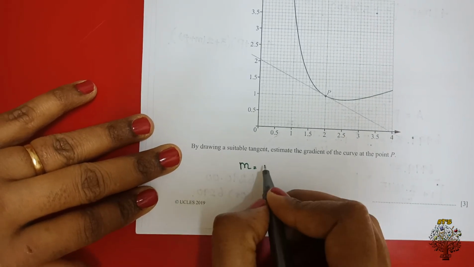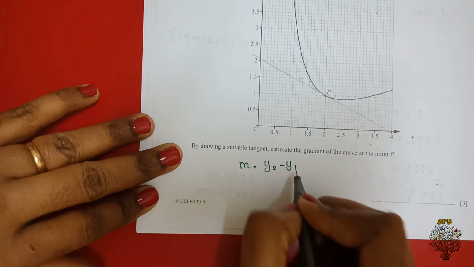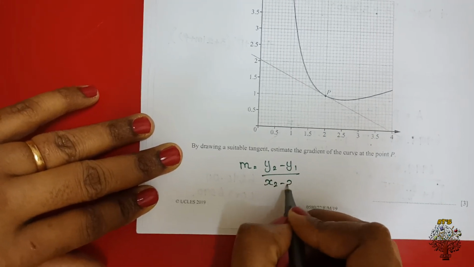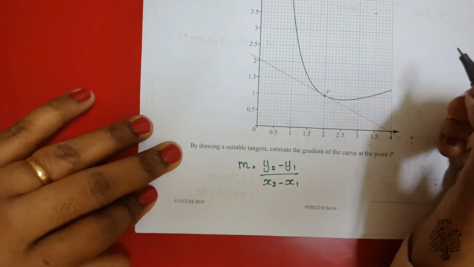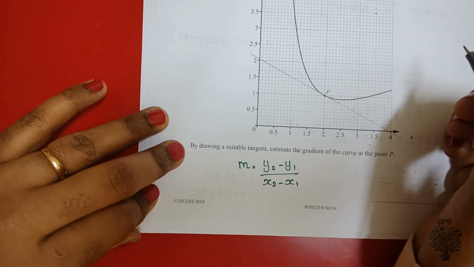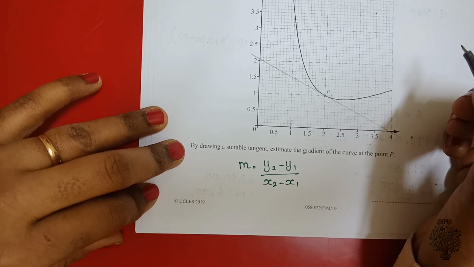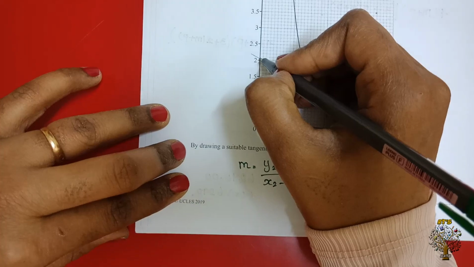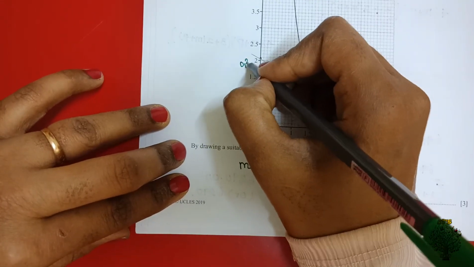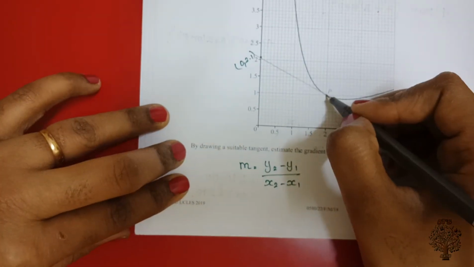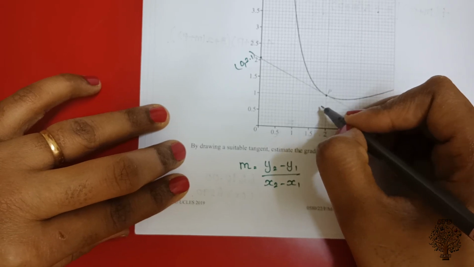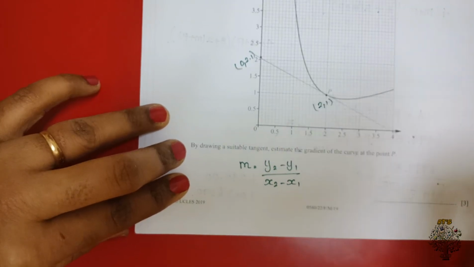M is equal to y2 minus y1 divided by x2 minus x1. I need 2 points. Fine, I am fixing one point as (0, 2.1), and another point as (2, 1).